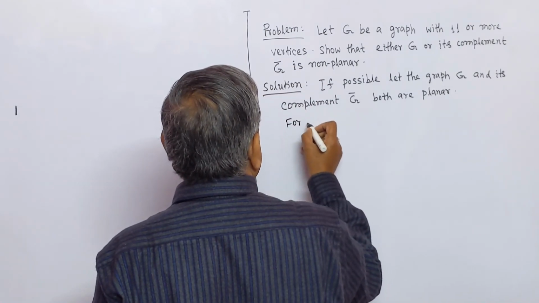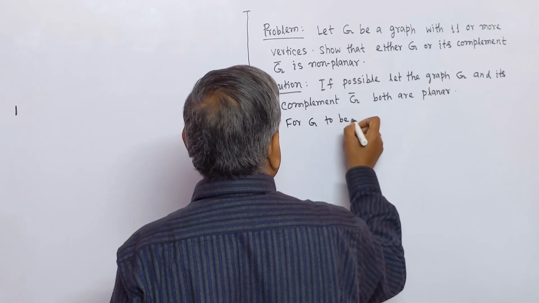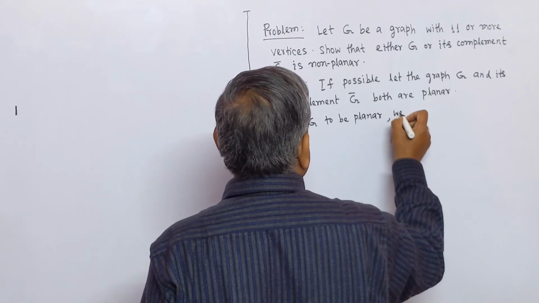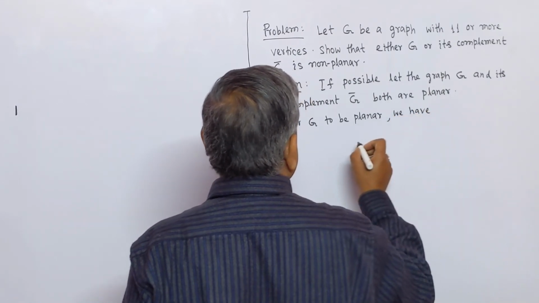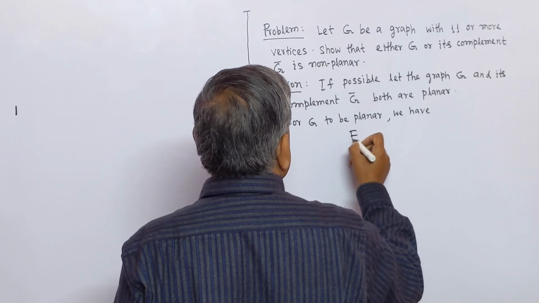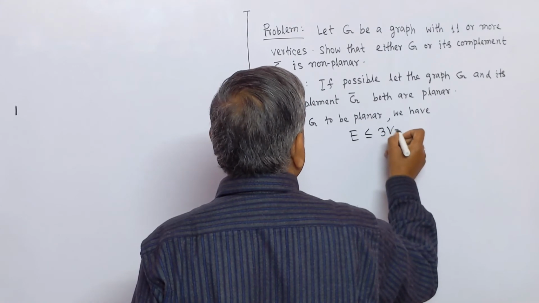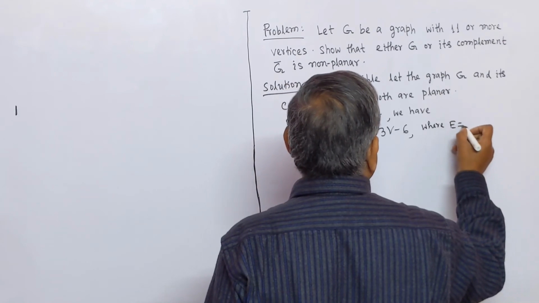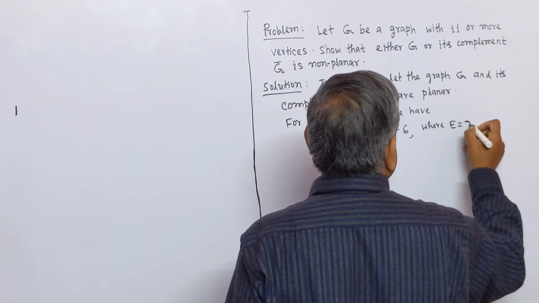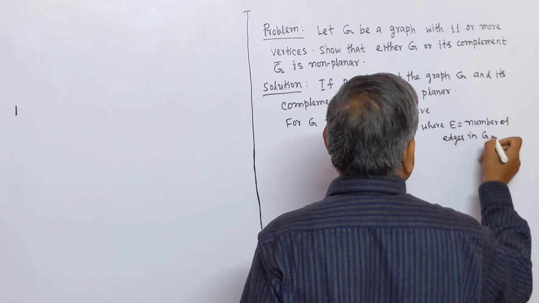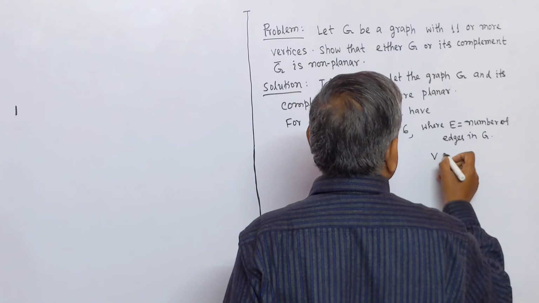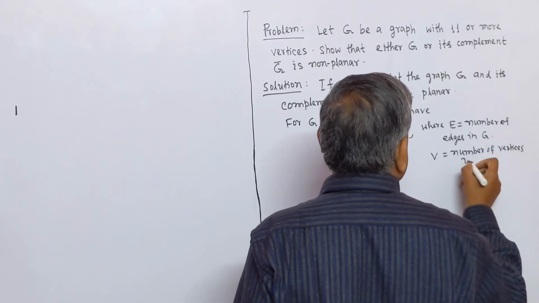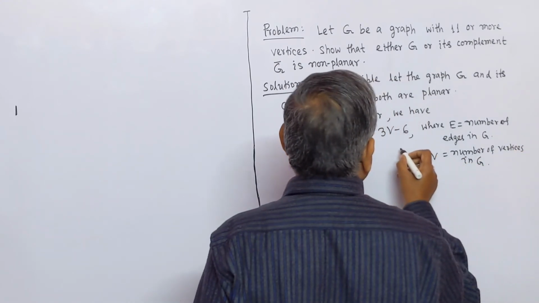For G to be planar, we have E less than or equal to 3V minus 6, where E equals the number of edges in G, and V equals the number of vertices in G. This is number 1.